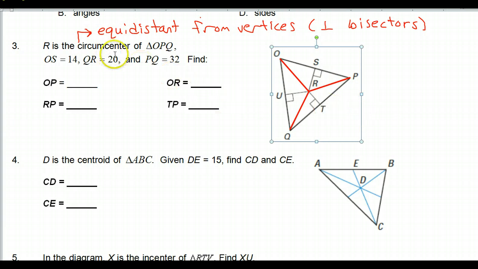Okay, so because this is the circumcenter, everything that I just marked in red, those distances will all be equal, so keep that in mind. Now, let's see what else we've got.